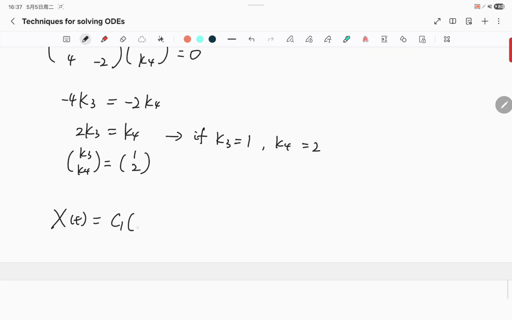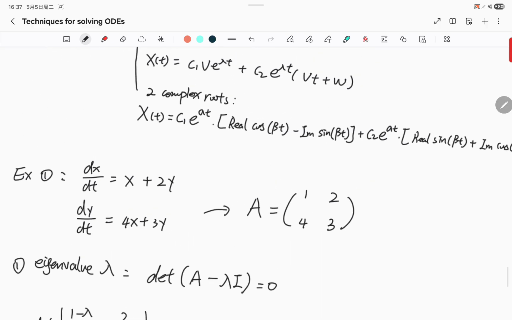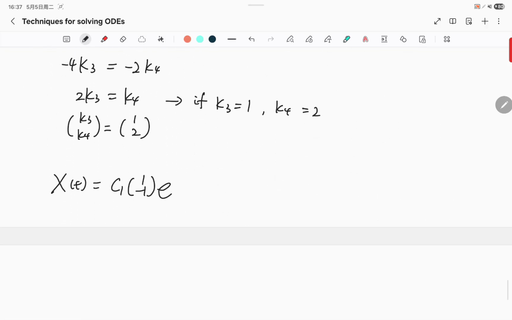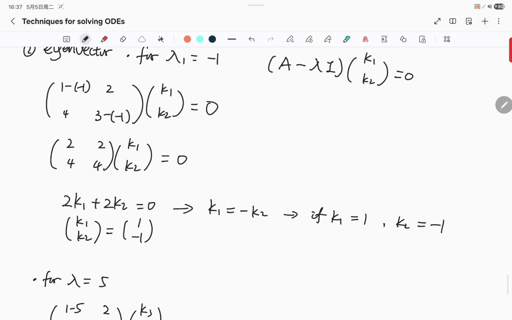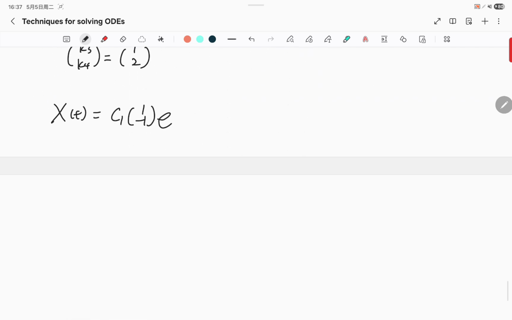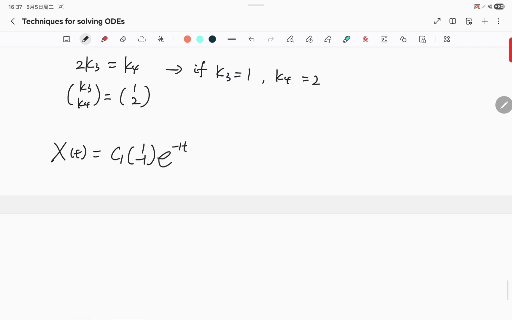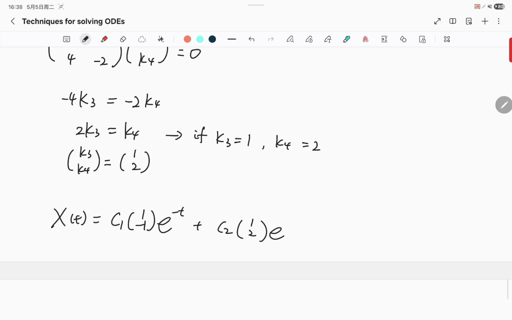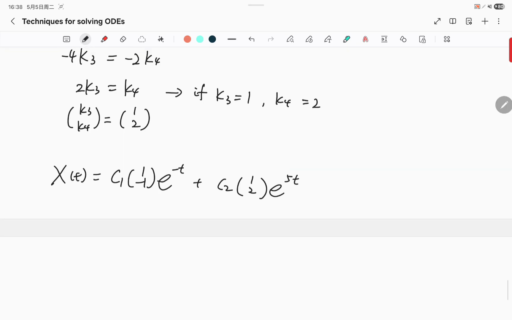So 1, minus 1, times e to the lambda t. This is for lambda equals -1, plus c2 v2, or vector 2, the other vector, e, and this was for 5, right?